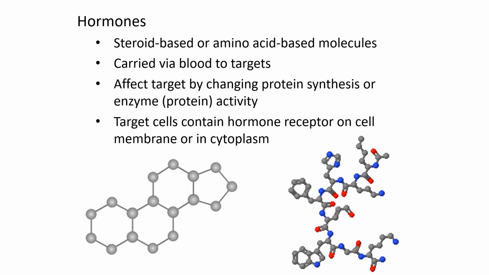Target cells are going to contain a specific receptor on the cell membrane or within the cell that can interact with the hormone, so the hormone can change the activities of that particular cell. If there is no receptor compatible with the hormone, then the hormone will not be activated.